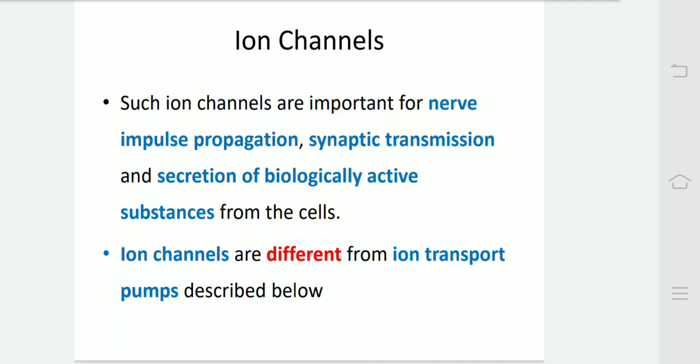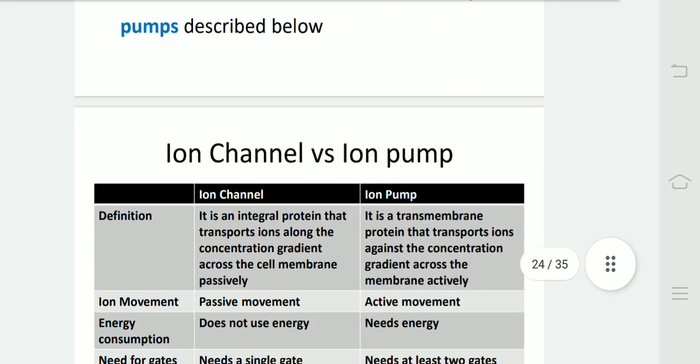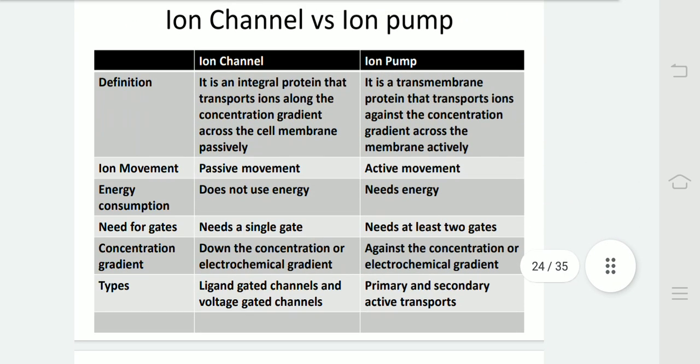Coming to the definition, an ion channel is an integral protein that transports ions across the membrane passively, down the concentration gradient, whereas an ion pump is a transmembrane protein that transports ions against the concentration gradient across the membrane actively.